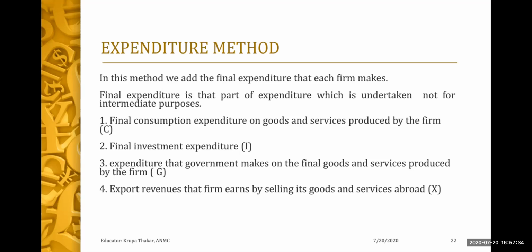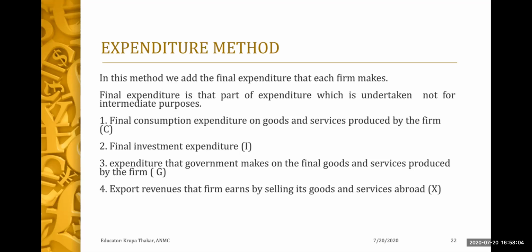We know very well that when we calculate expenses, it's not only about consumption expenditure or investment expenditure, but the government is also making expenditure on certain goods and services. And we are also exporting certain goods and services, so that revenue also will be included, and that is denoted by the term X.